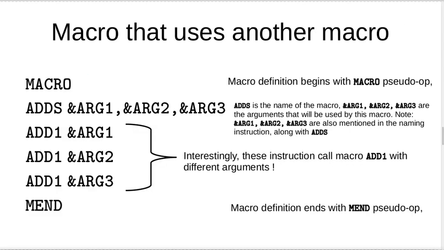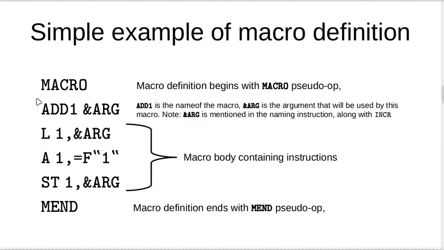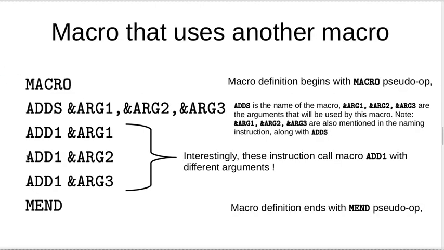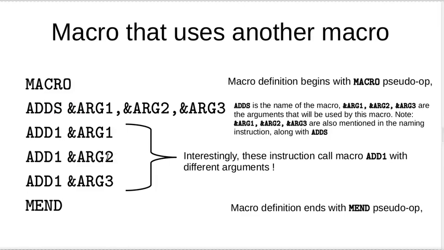The macro was this macro, right? So what is this add1 &arg1 statement doing? It is simply issuing a call to the previously defined macro called add1, right? Similarly, in the second instruction, add1 &arg2, we are passing as argument some value by calling the macro add1, and the same thing is being repeated in the third instruction also, where we have add1 &arg3, right?